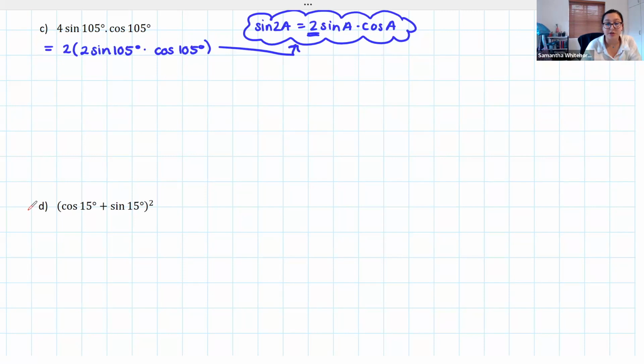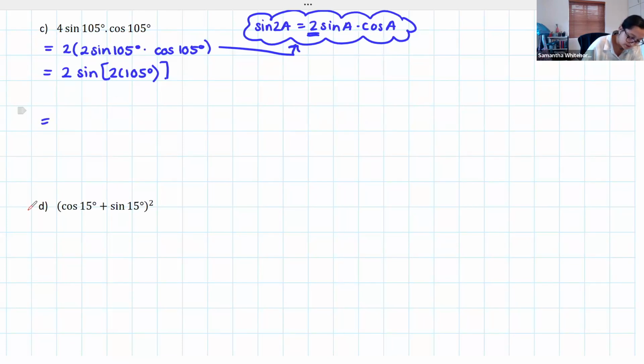You've still got this coefficient of 2 here, so we don't ignore that, but now we can apply our sine double identity. So this is sine of 2 times my original angle, 105, and so we're dealing with 2 sine 210.